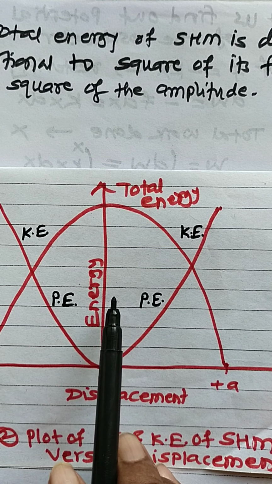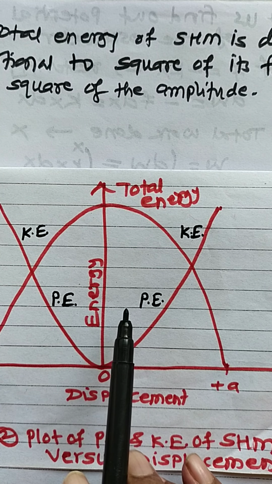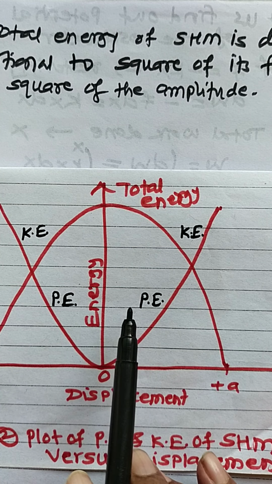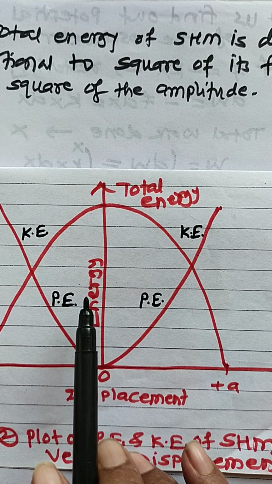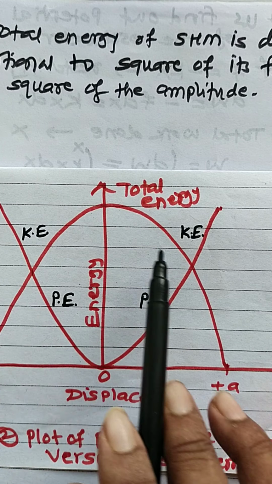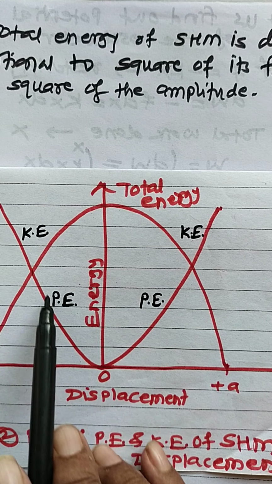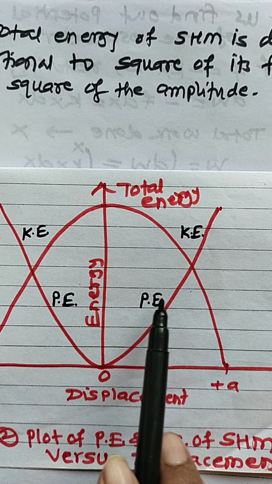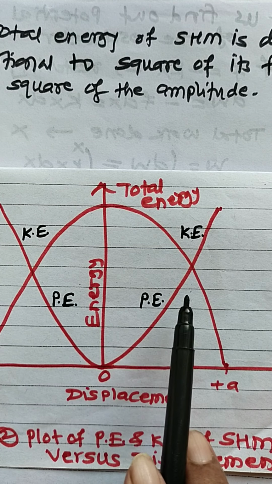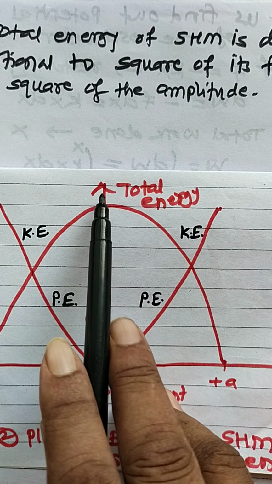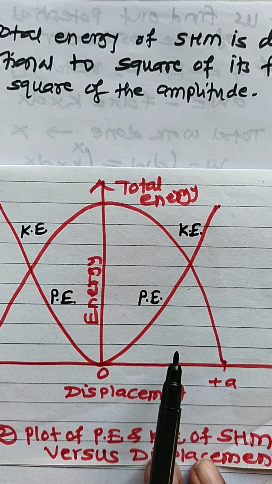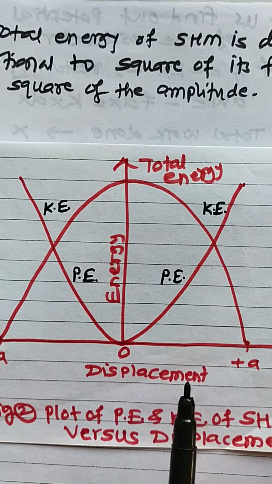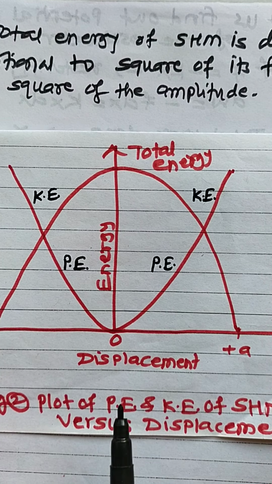Here the energy is entirely kinetic, and here it is potential energy. The energy is partly kinetic and partly potential, but the total energy is always constant.